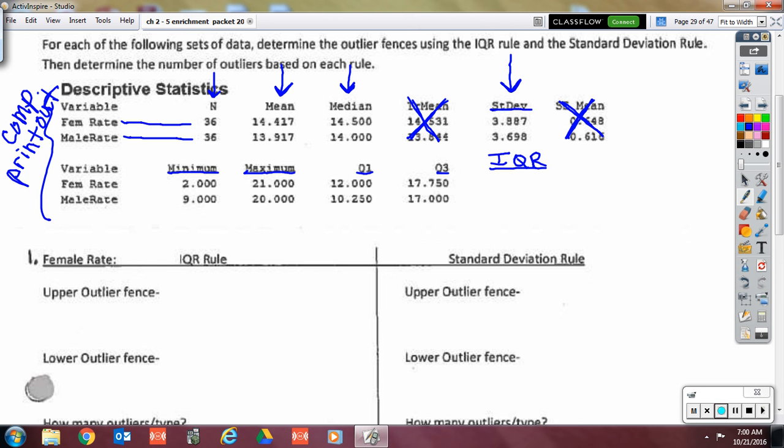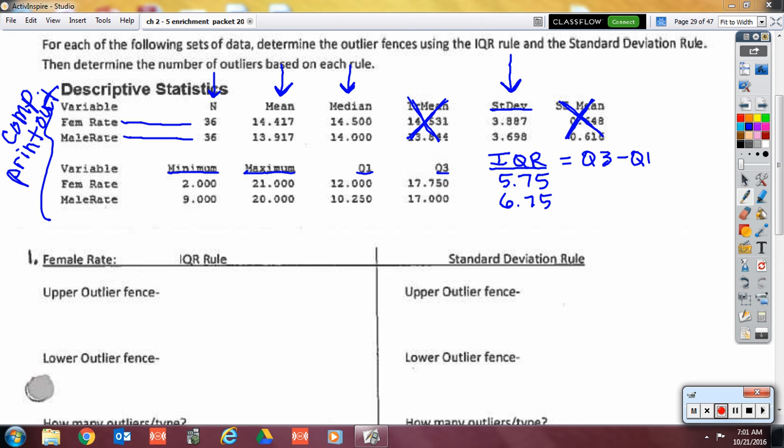So let's take a moment and do that real quick. Remember your Q3 minus Q1. So do that computing on both of those. I did the subtraction on those. The female IQR was 5.75 and the male IQR was 6.75.